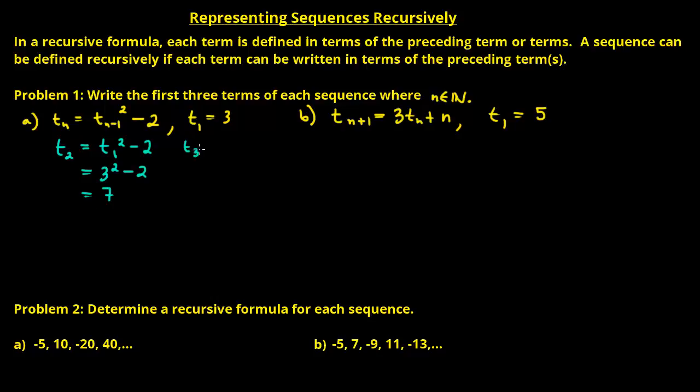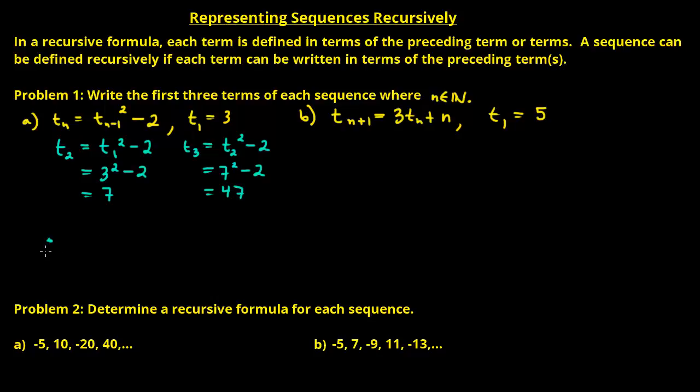T sub 3 is going to be equivalent to t sub 2 squared minus 2. And t sub 2 is 7, so we'll have 7 squared minus 2, which is equal to 49 minus 2, which is 47.